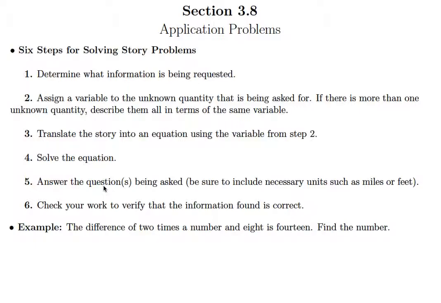If you're trying to figure out how tall somebody is and you get 20 feet as an answer, then you probably did something wrong because nobody's 20 feet tall. So at the very least, check to make sure your answer is reasonable for the given situation.